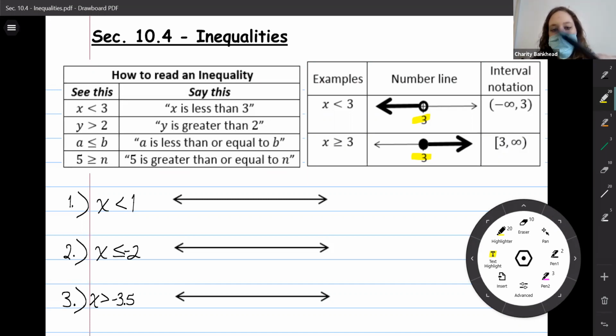If you have the "or equal to" line underneath your inequality symbol, then you put a solid dot there. Otherwise, you put an open circle there. If it's a strict inequality, like x is strictly less than 3, you put an open circle.